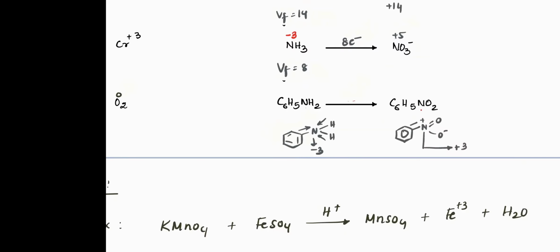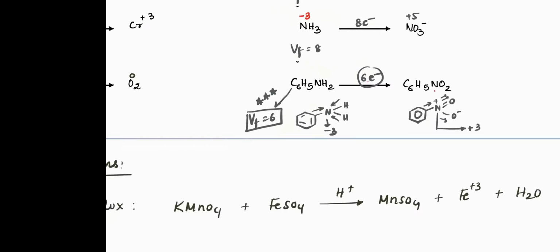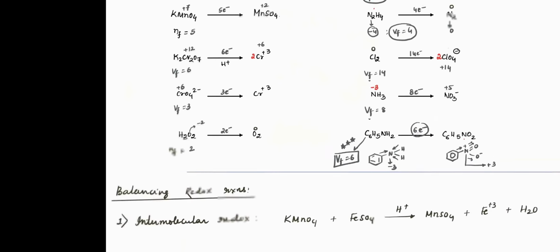Because you can see it is gaining from here, losing 2 electrons here and losing 1 electron here. So -3 to +3, how many electrons transferred? 6 electrons transferred. So therefore, the valency factor for this is 6. Very important. Okay, usually we make mistakes here. So check out. Valency factor for the molecule is 6.